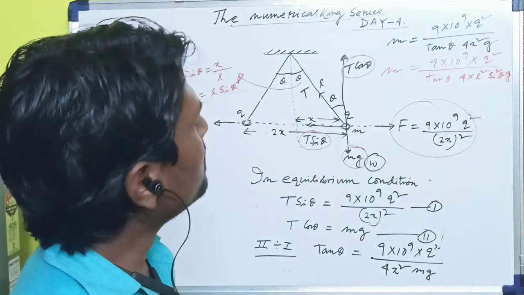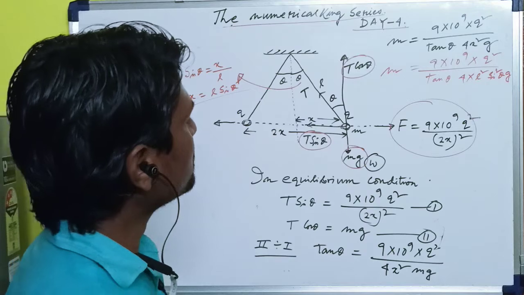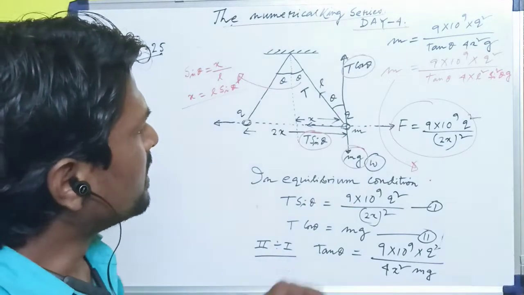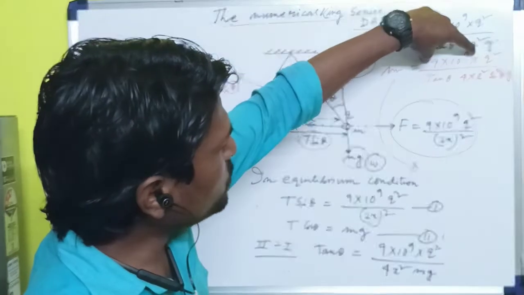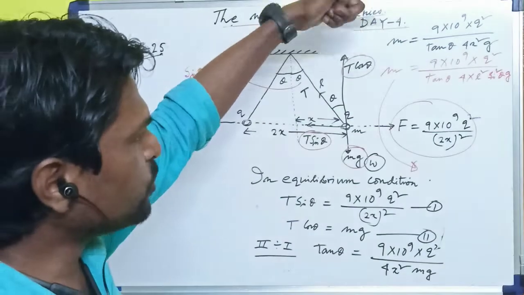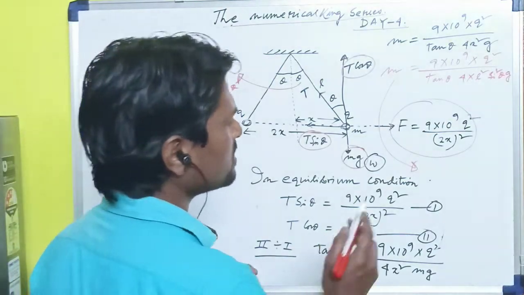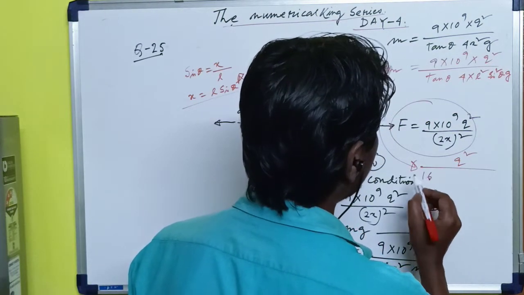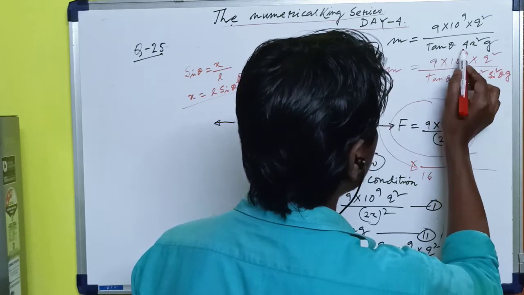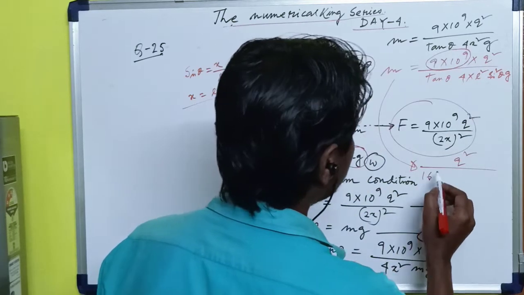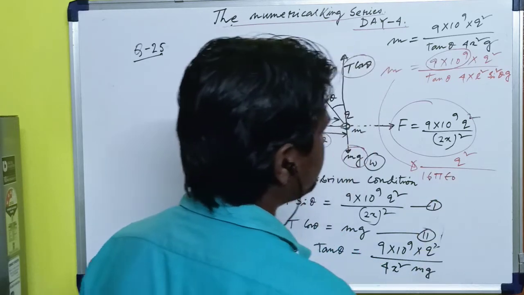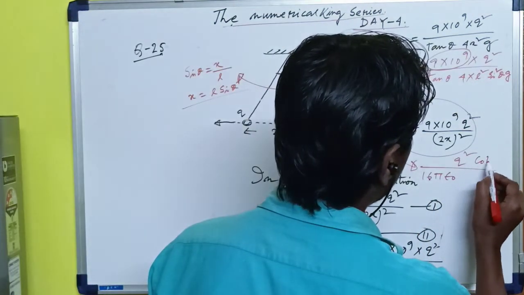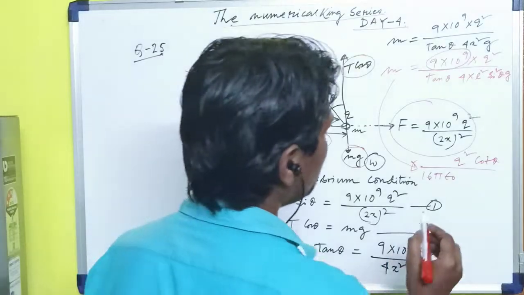And most of the books take a different form. 9 into 10 to the power 9 means 1 by 4 pi epsilon naught. So if we apply 1 by 4 pi epsilon naught, then the result takes the form with 4 pi epsilon naught, 4 pi into 4, 16 pi epsilon naught, and 1 by tan theta means cot theta.